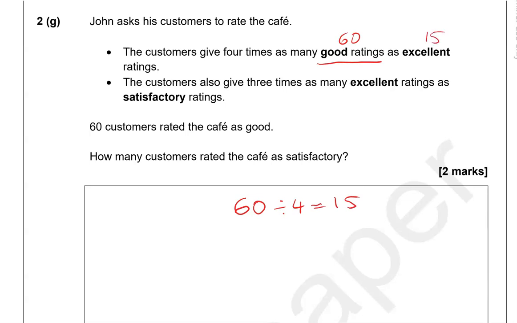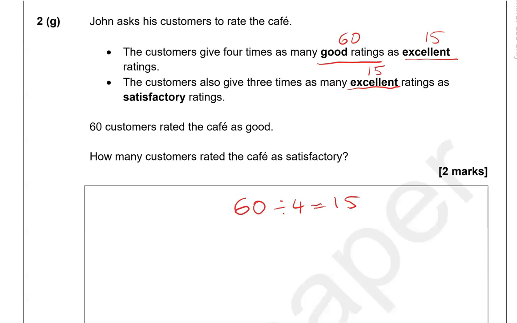So let's just double check. 4 times as many good ratings as excellent ratings. So 15 excellent, 4 times that is 60. The customers also give 3 times as many excellent ratings as satisfactory ratings. So excellent, we've got 15.